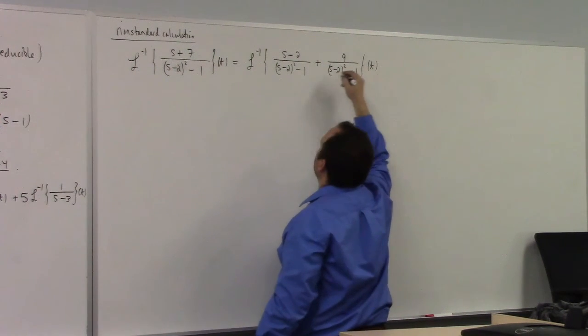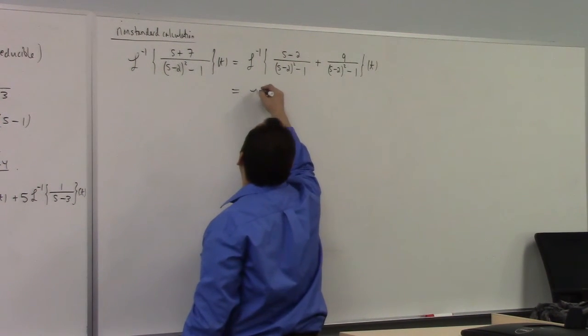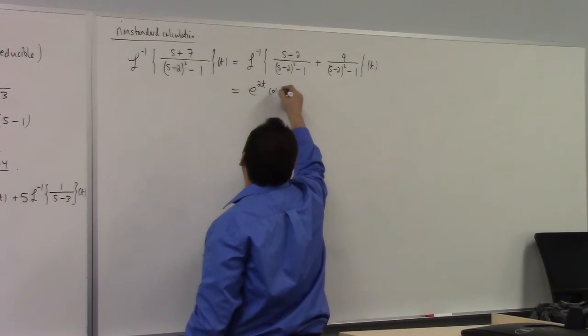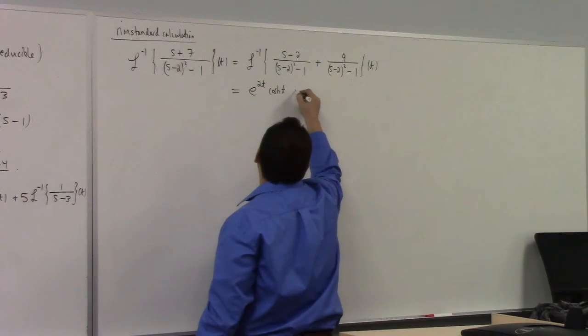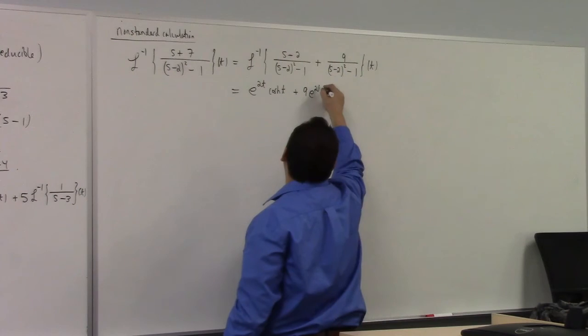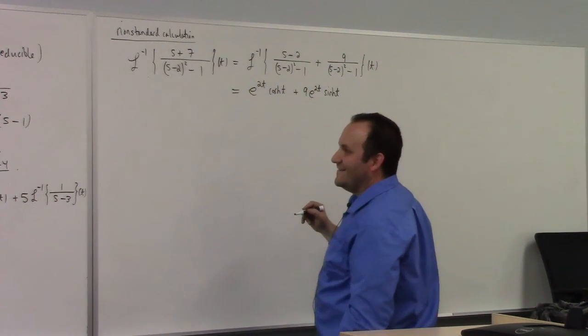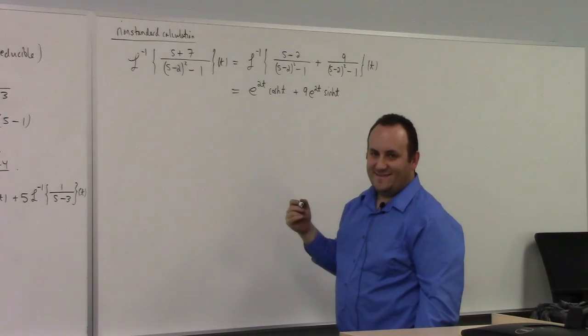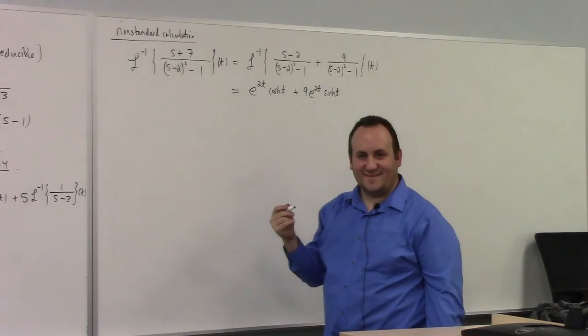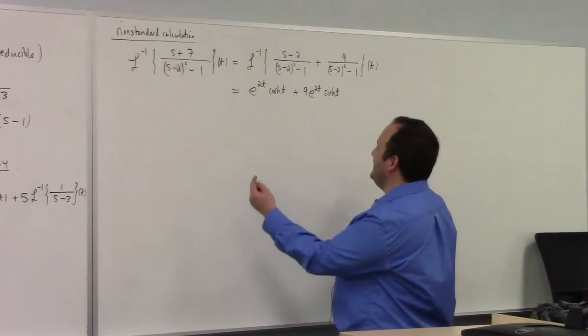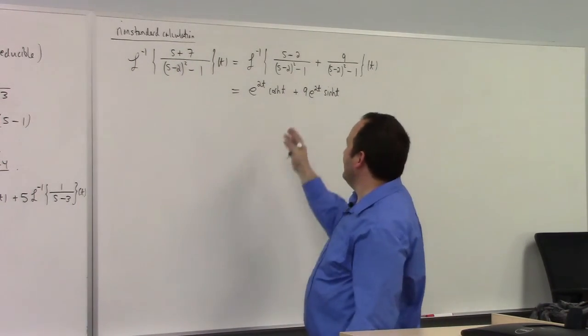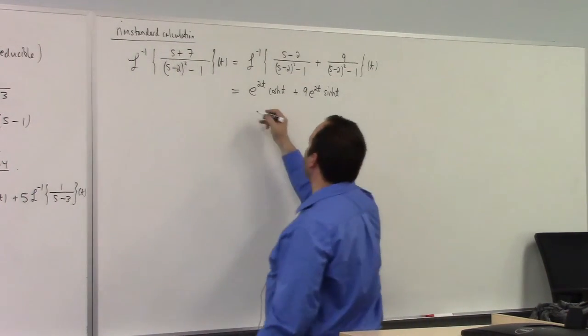Guess what? This is equal to e to the 2t cosh t plus 9 e to the 2t sinh t. With cosh and sinh, it's all the same. And then if you just collapse these down, what do you got?